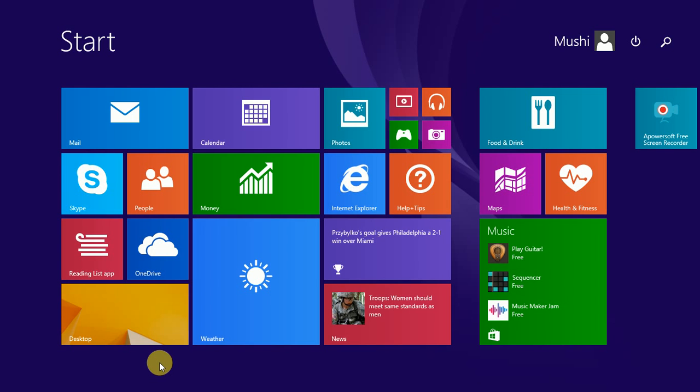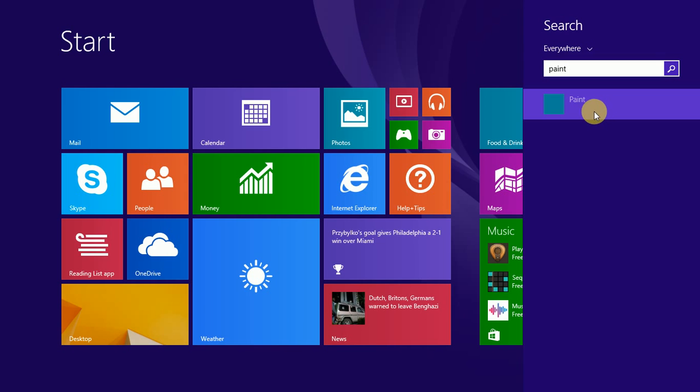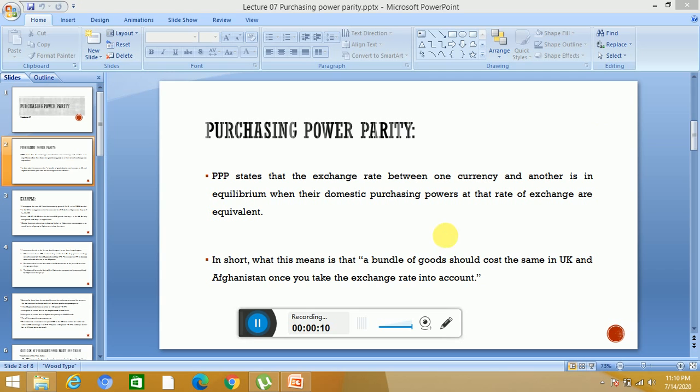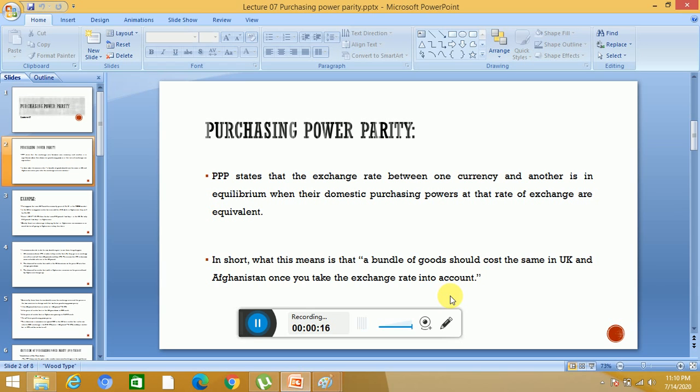In the previous class, if you remember, we were discussing purchasing power parity. We discussed that purchasing power parity states that the exchange rate between one currency and another is in equilibrium when their domestic purchasing power at that rate of exchange is equivalent.